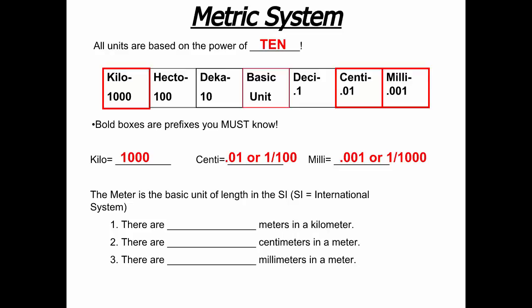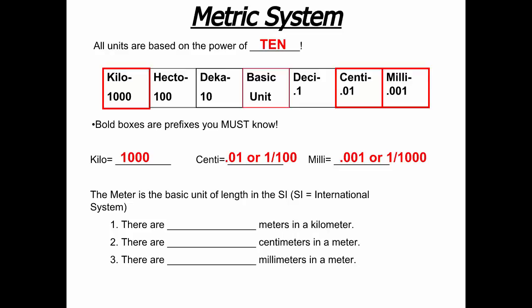If you can remember this chart: if I want to go from centimeters to the base unit, I have to move the decimal. Which direction? To the left. How many spots? 1, 2. To go from milli to centi, what do I do? Left 1. Centi to milli?